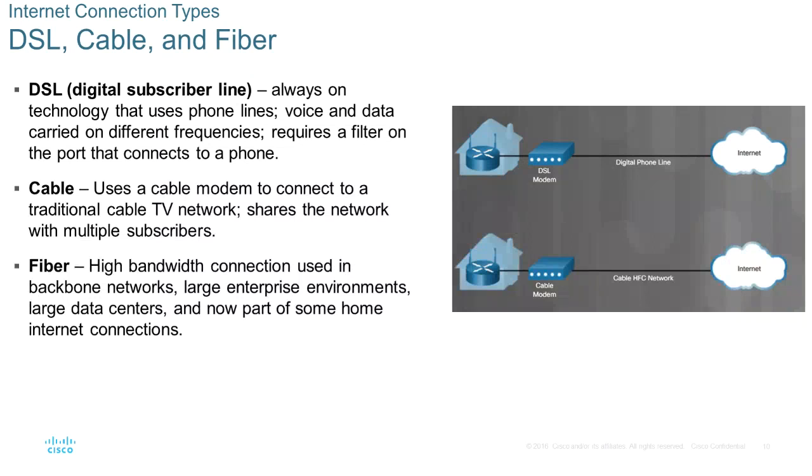So you have a filter on your handset for your telephone, so you didn't hear the high frequency of the data connection on your handset while trying to make a phone call. If you didn't have that filter on, it was not a usable phone, basically.